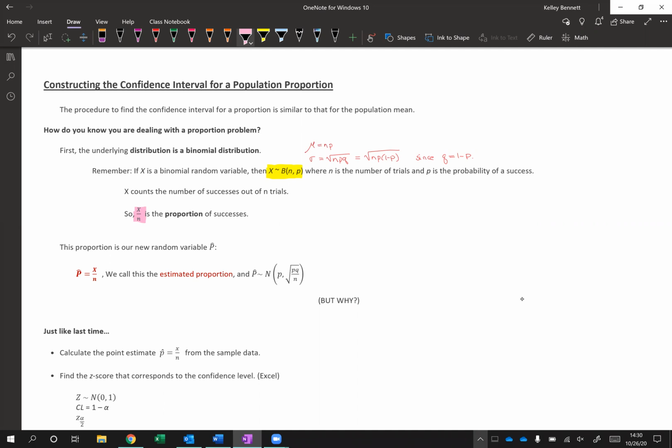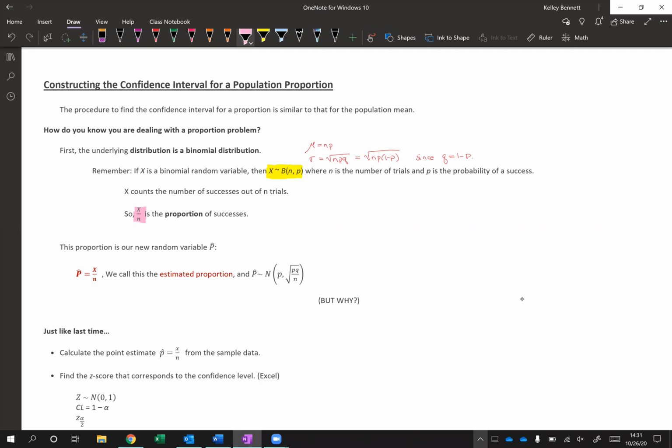So my random variable x is counting the number of students who went to the tutoring center, and it's very easy for me to convert that into a proportion. I would just say, okay, 5 out of the 30 students. So you see here, we have this idea of x over n: x is the number of successes, the number of people who went to tutoring, and n is the total number of trials, or the total number of people in my sample.